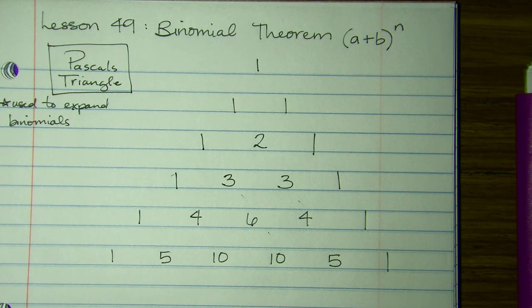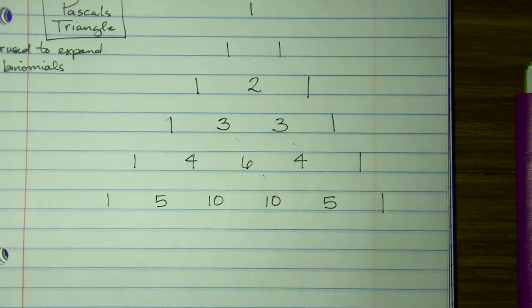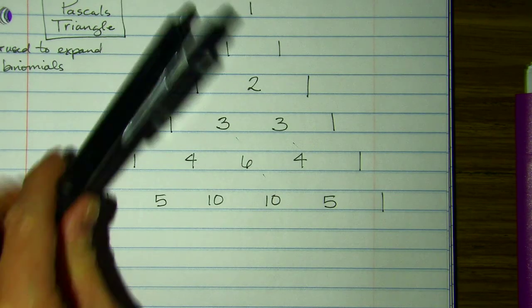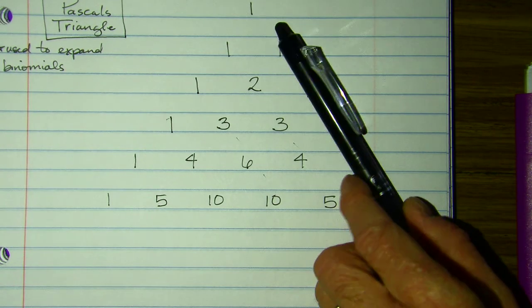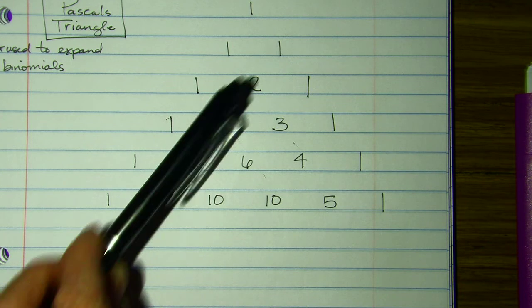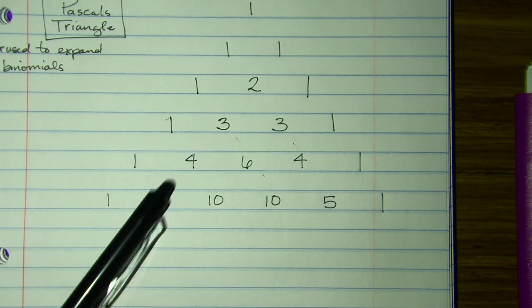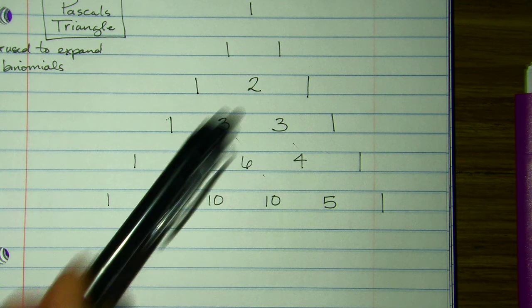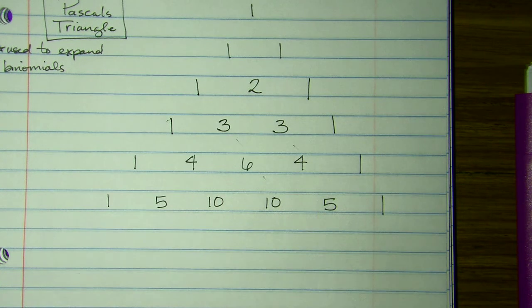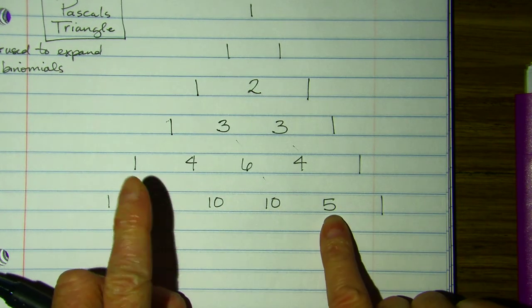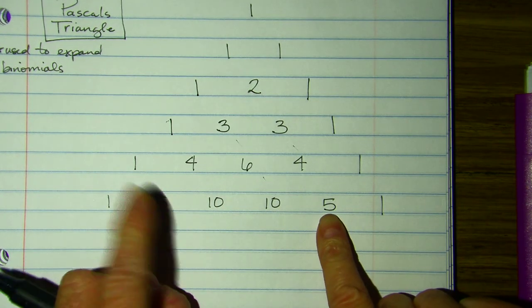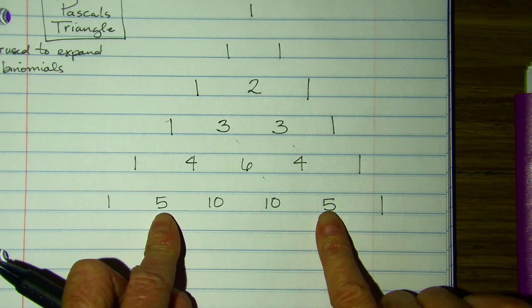Now, we can keep going infinitely. We can continue to build this triangle forever and ever. But hopefully you notice something. Notice that obviously the beginning is all 1s, the ends are all 1s, but also notice something in the next diagonal. 1, 2, 3, 4, 5, but notice those same numbers repeat here. So a 5 is both the second number and the second to last number.